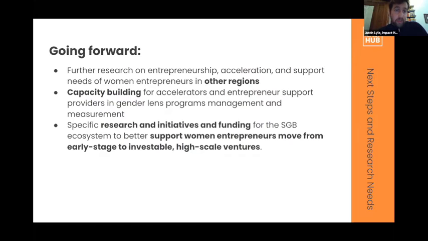But we are certainly going to take this forward, and we'll do that by further research on entrepreneurship acceleration and support needs of women entrepreneurs in other regions, so not just in Latin America where this research was focused, and also on capacity building for accelerators and entrepreneur support providers in gender lens programs management and measurement, and specific research and initiatives and funding for the SGB ecosystem, small and growing business ecosystem, to better support women entrepreneurs to move from early stage to investable high-scale ventures.